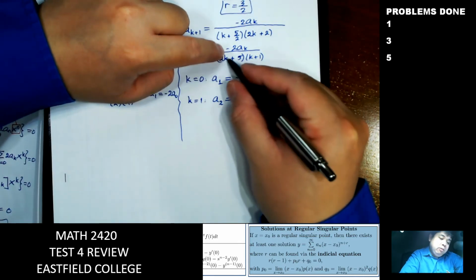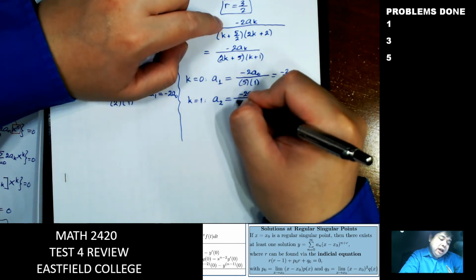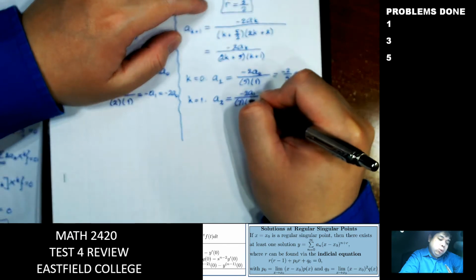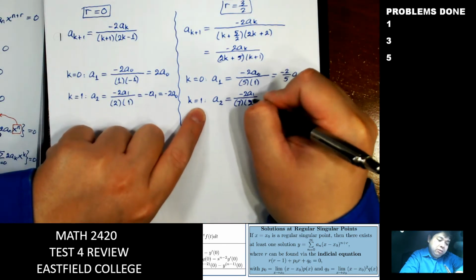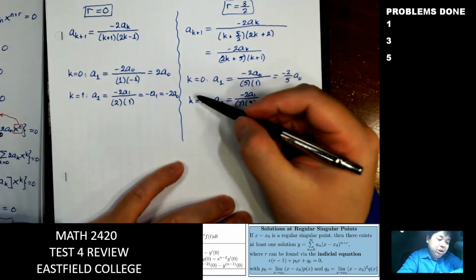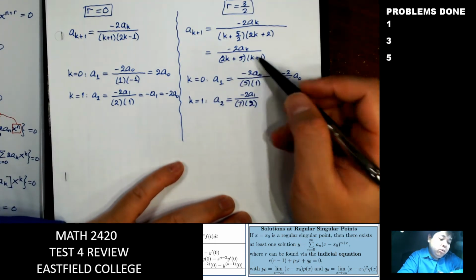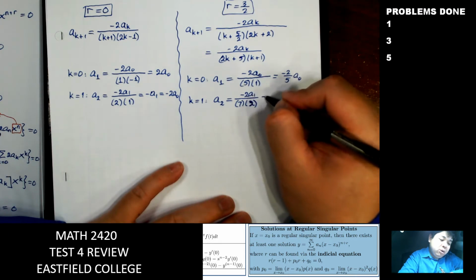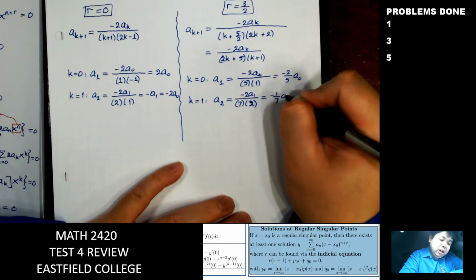That will be 2 times 1 plus 5 is 7, and 1 plus 1 is 2. So 1 here is 7 times 2, 14. 2 and 2 cancel out, so we have negative 1 over 7, a0.